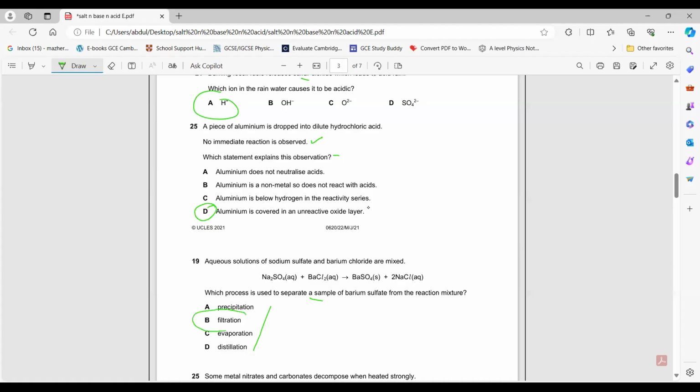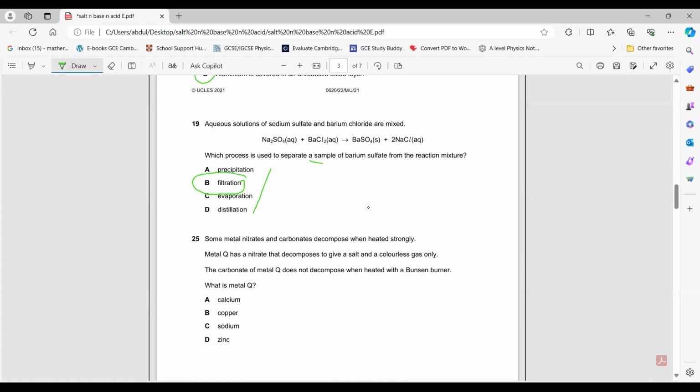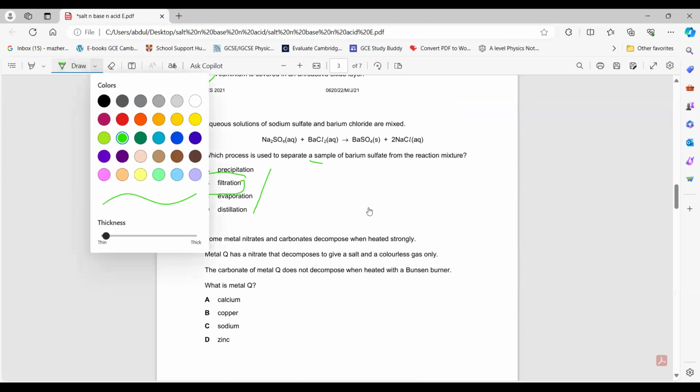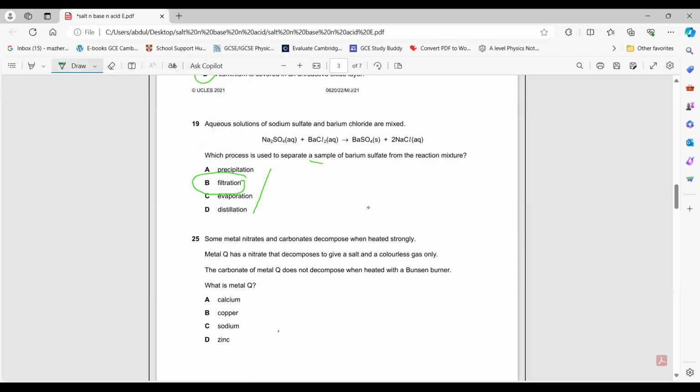Precipitation? अस्तगफिरुल्लाह, filtration. रेजिड्यू किस पे रह जाएगा? फिल्टर पेपर के ऊपर, उसको हम ड्राई आउट कर लेंगे टू सेपरेट आउट द बेरियम सल्फेट. Didn't I tell you in the beginning of the class कि कैसे करते हैं इसको सेपरेट आउट? अच्छा जी, अच्छा ये रिपीट हो गया, इसको स्किप कर देते हैं.